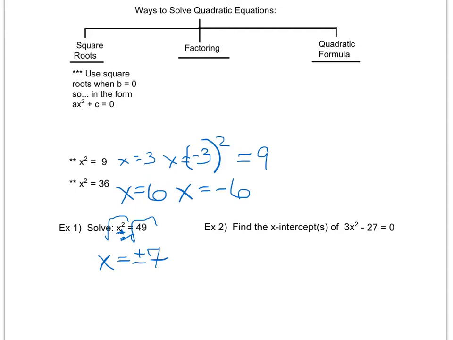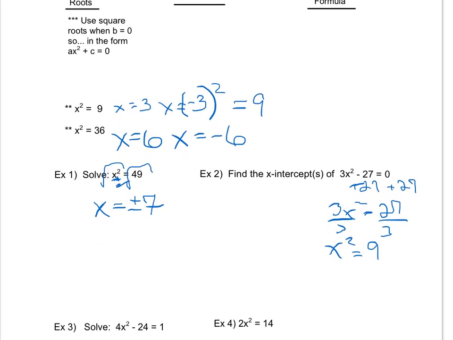In order to solve this, to be able to take a square root, I want to get the square, the variable, by itself, so I'm going to add 27. 3x squared equals 27, and I'm going to divide by 3, giving me x squared equals 9. So now from here I'm going to take the square root of both sides with the plus or minus, and I get x equals plus or minus the square root of 9, which is 3.